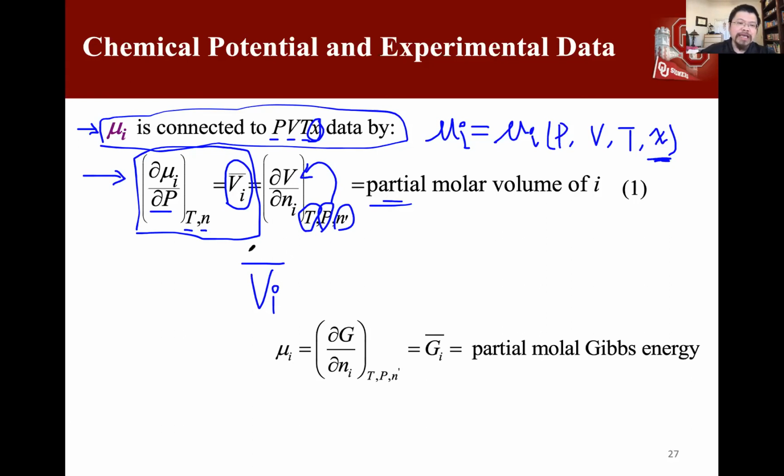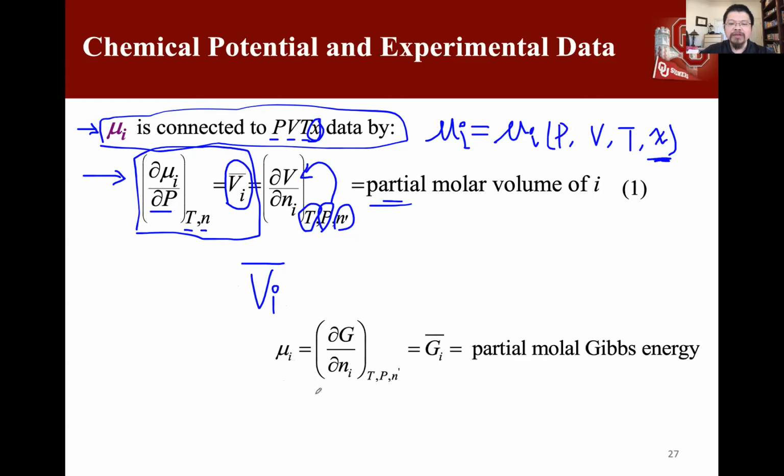And the result says that the chemical potential of that component with respect to only pressure change will be exactly the same as the partial molar volume. So that is the conclusion.